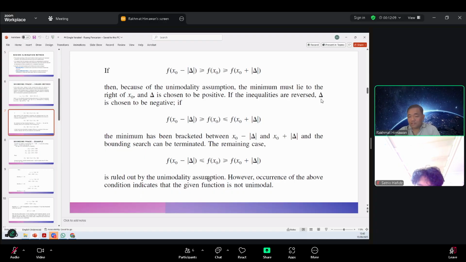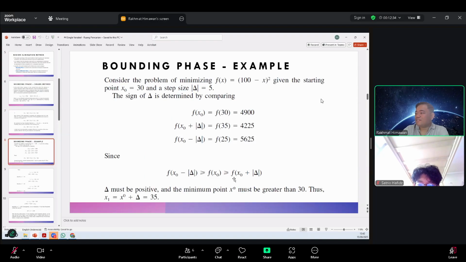It's not unimodal, you're in the wrong part of the function. So be mindful when to choose the positive, when to choose the negative, and when to remain there, or when to check the function. It's not unimodal, it's not convex at all.